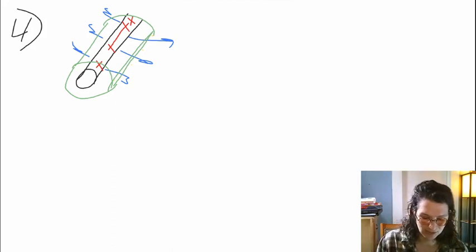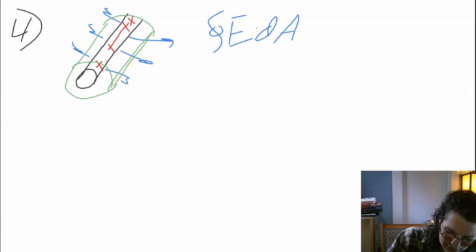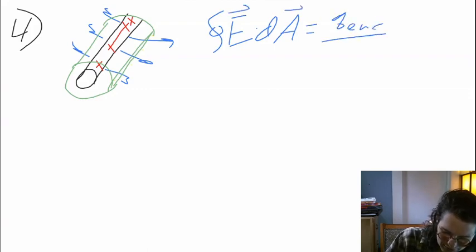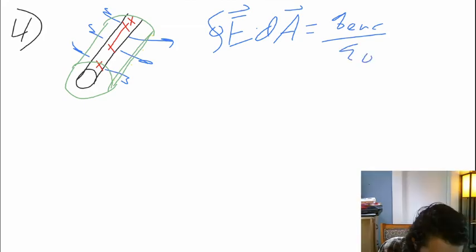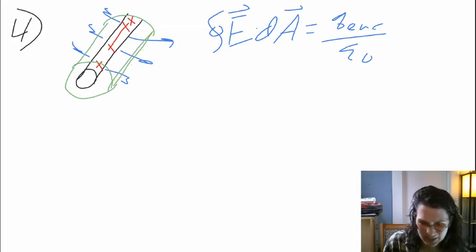Proceeding with Gauss's law, I have the integral of E dot dA, a surface integral, equal to the charge enclosed over epsilon naught. On the left-hand side, we define the electric field through the surface. We only need the area that is pierced by the electric field.